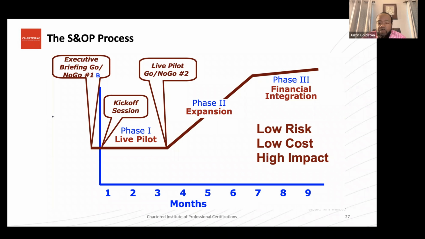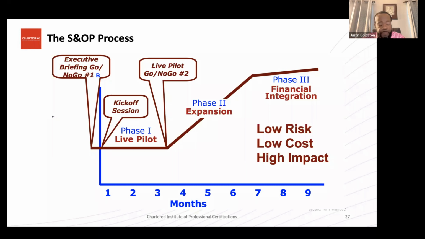So once you go through that expansion in phase 2, if needed, then you would do a financial integration into phase 3, where you can actually pull in the tools within the ERP application. And then you could actually go to phase 4, where you could increase the collaboration and communication with business partners, where you actually share that information with your business partners so that they can be more proactive in ensuring that everyone is on the same page, not within our 4 walls, but across our business partner network as well.